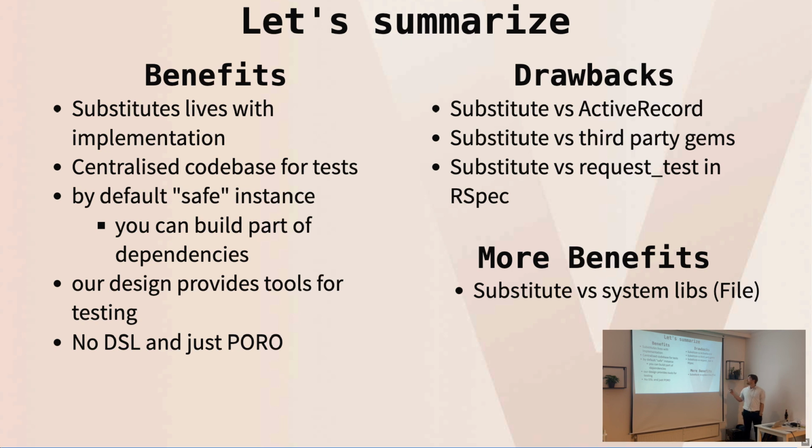And more benefits: substitutes can substitute system libraries like file. This is quite an interesting case, because in one of our projects it's required to save some information in a file. And when you have CI tests, and let's say they are in Docker, the only option to test without mocking is to have shared memory for your Docker containers.